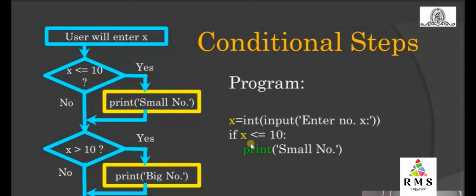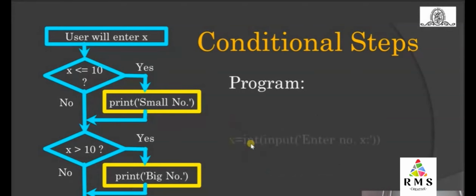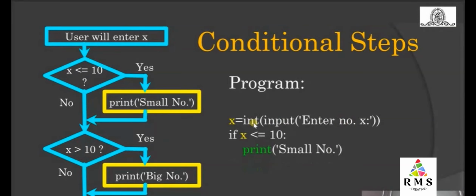Now let us see the program for execution, how to write this program. Friends, first of all, we know how to input the integer value, right? How to take the input. So we are taking the input, enter the number x, and we are converting it into an integer. Next, if x is less than or equal to 10, we are evaluating this particular condition.